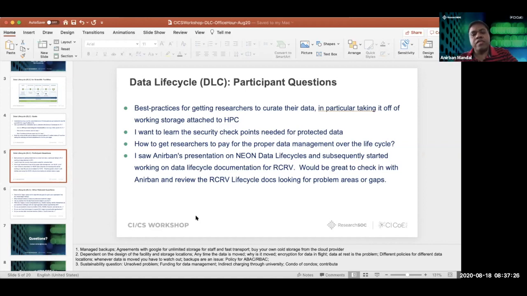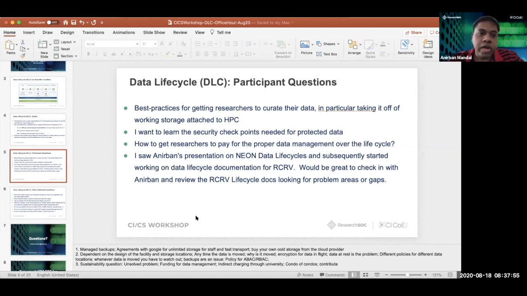I know there are some universities that have agreements with Google or other cloud providers for unlimited storage for staff and fast transport to maybe a drive, to maybe Dropbox. So I think there are some efforts there, but this is a problem that's bubbling up in the research community, and it's bubbling up really hard, where people are really pressed for storage.